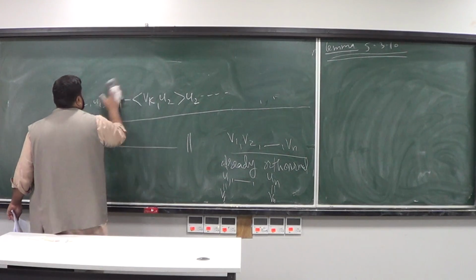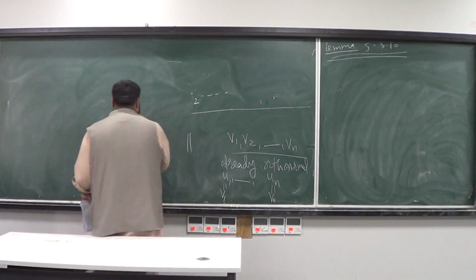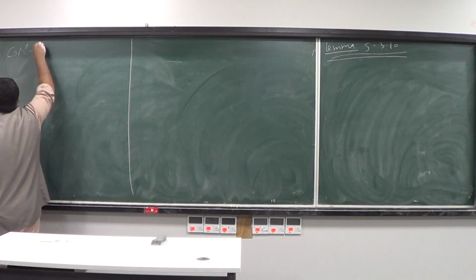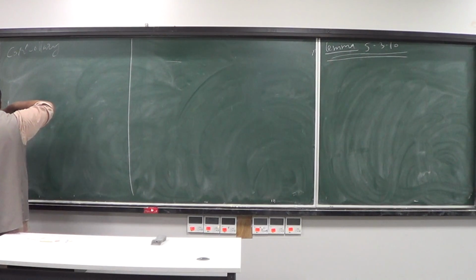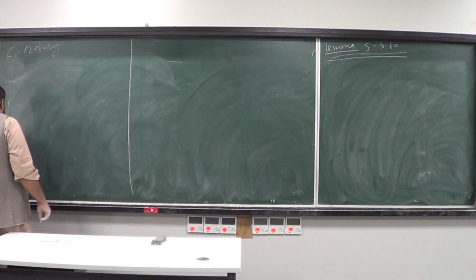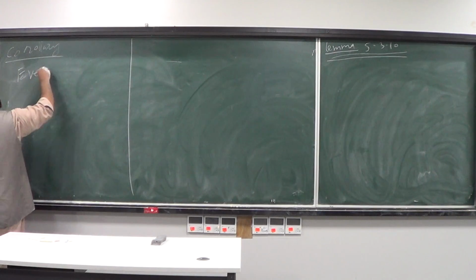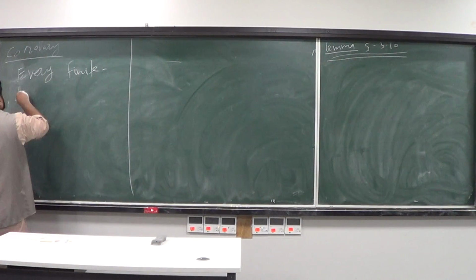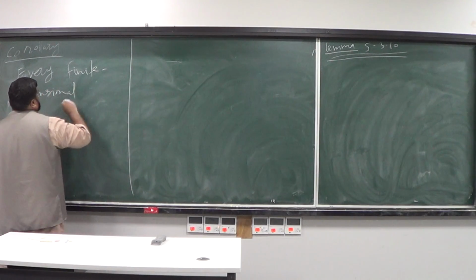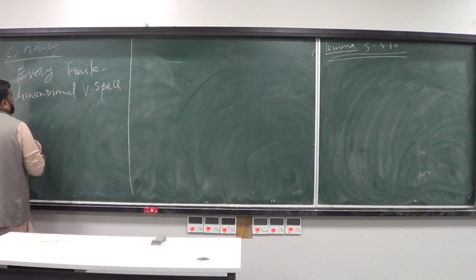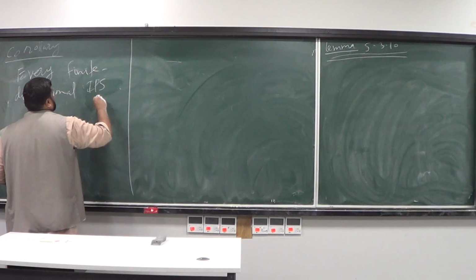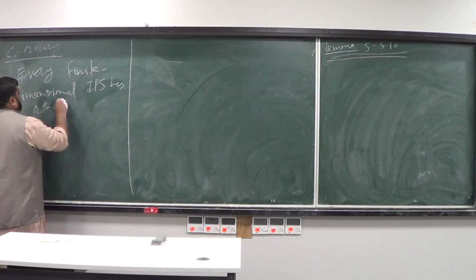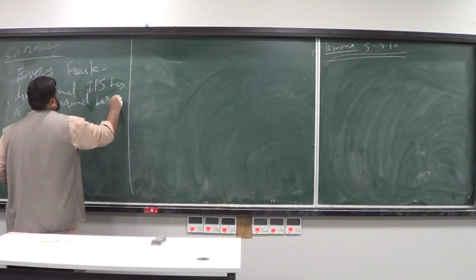I would like to talk more about an interesting consequence. Here is the corollary of the discussion that we have: every finite dimensional inner product space has an orthonormal basis.